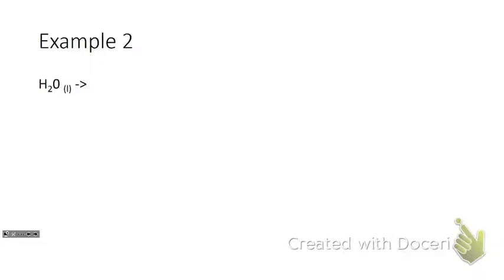Okay, example 2. What is this? A decomposition, good. Because we have one compound which is going to break apart into its elements. Okay? What am I not going to forget to do here?